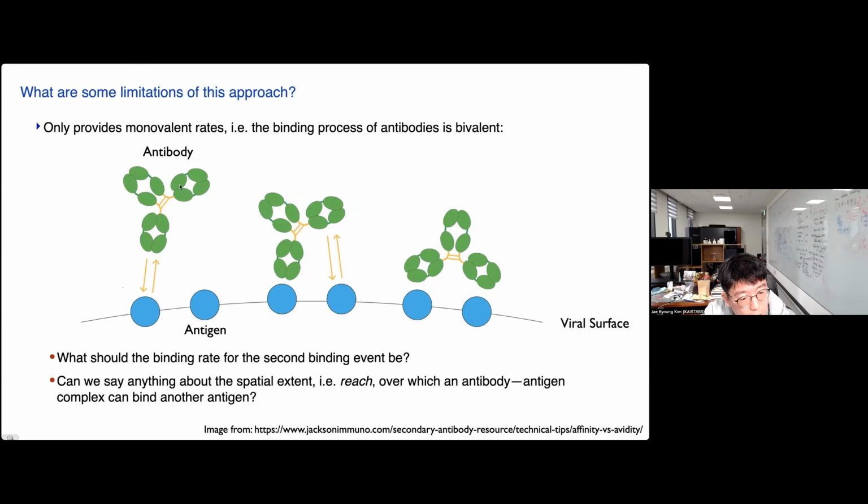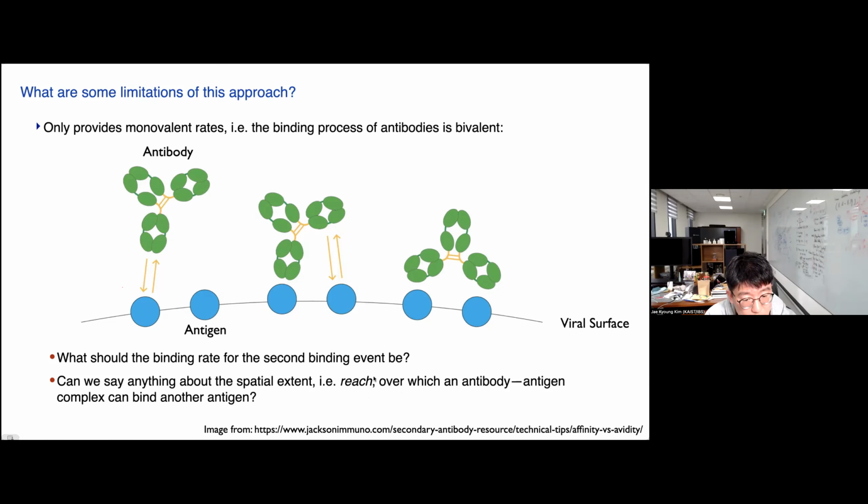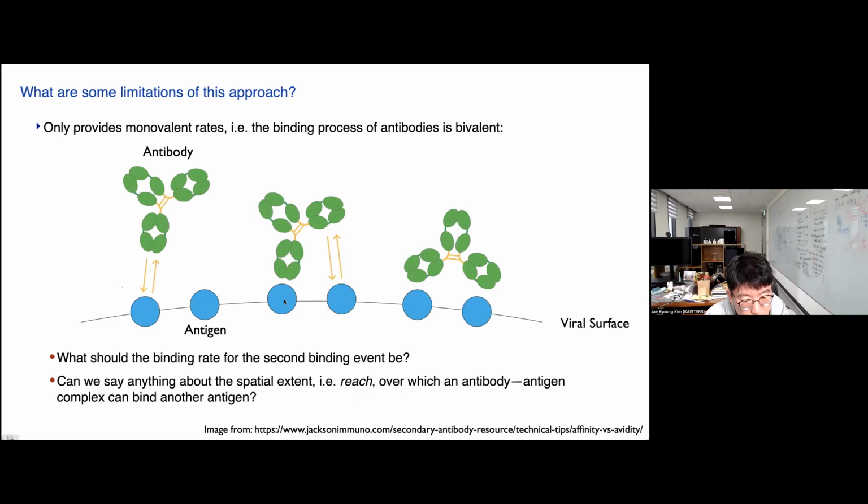Okay. So it's not clear that in this kind of picture of a more biophysical representation of the model, the second binding rate should really be the same as the bulk binding rate from the fluid. But another really important issue is that you can't bind to all of these antigen across the surface. You can only bind to those that are close enough. So there's another parameter that comes into play that we might want to account for, and we'll get back to this later, which we call the reach, which basically describes if an antibody is bound to one antigen, how far away can another antigen be for it to be able to bind?